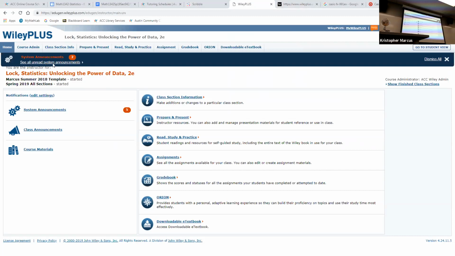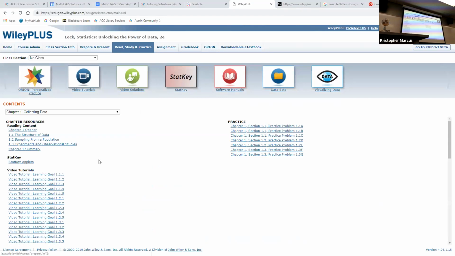And there'll be a few things that you can access in here. So for example, the book. The most common way people were accessing the book last semester, there's a link here, Read, Study, Practice. The Read, Study, Practice link will allow you to get to the book, and you can pick what chapter and what section you want to work with.